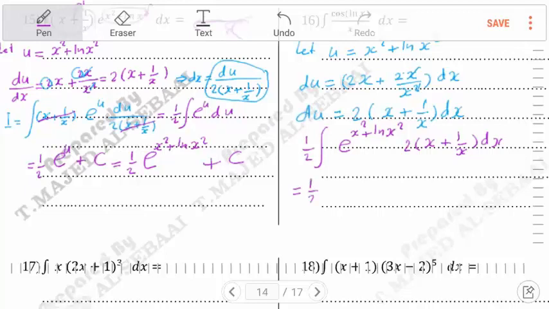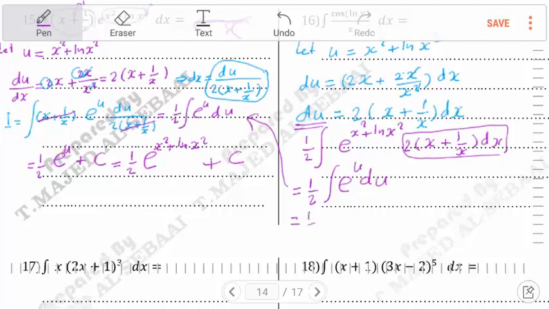It will be 1 over 2 integration e to the power of x squared plus ln x squared, and this all is du. Isn't that the same? I got the same thing.